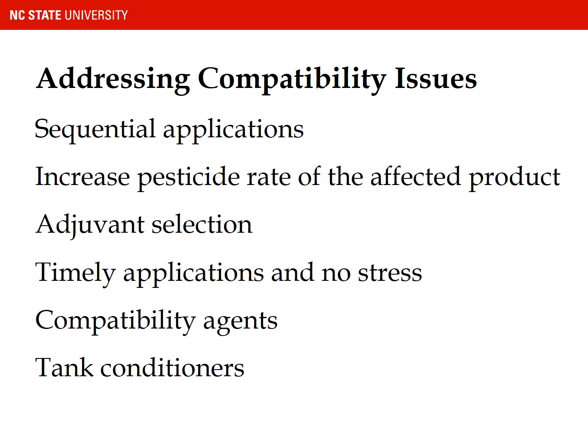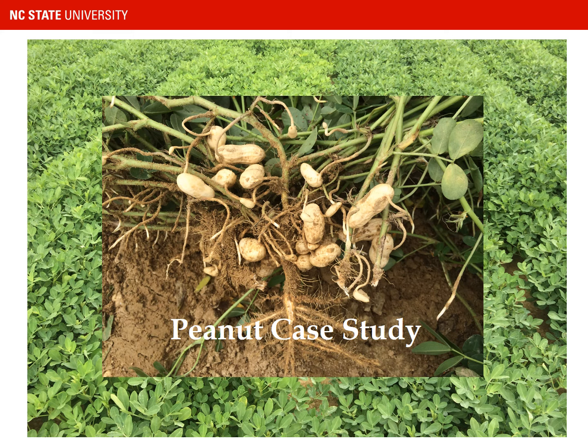You can mix a lot of things that in theory would cause an adverse interaction, but when the weeds are small and there's no stress, you will really minimize the adverse interaction. There are some compatibility agents that could be added and also some tank conditioners, and those would be available through distributors. So the peanut case study.